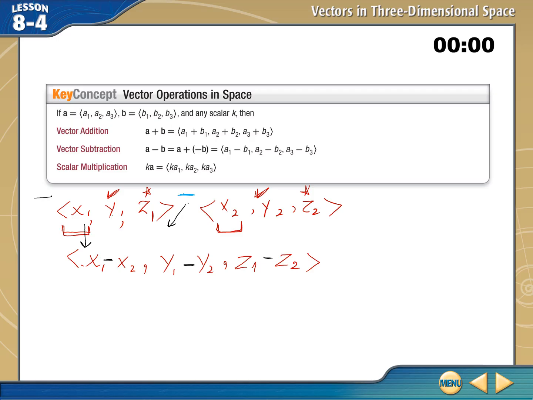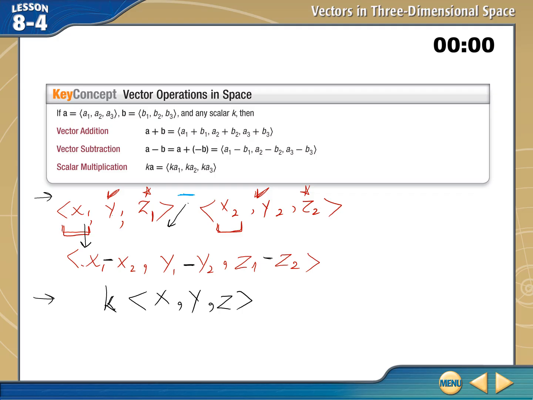Now the second thing is scalar multiplication. Let's suppose a vector is given with the components x, y and z, and you have to multiply it with a constant, a scalar quantity, that is k. It could be 2, 3, minus 4, minus 5, anything.